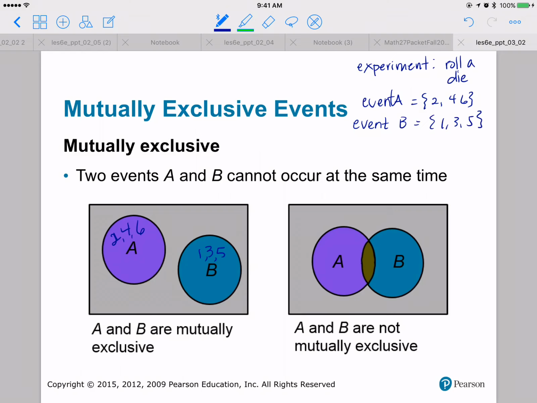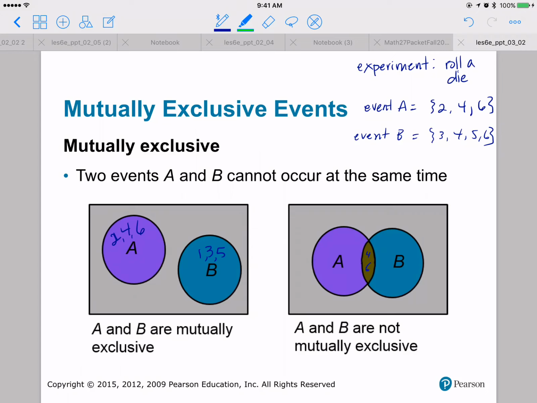Now, if we were to instead have a different setup for A and B. Suppose event A equals roll an even number, so 2, 4, 6, and event B is to roll a number that is at least 3, so that means 3, 4, 5, or 6. Then events A and B are not mutually exclusive because in the overlap you've got 4 and 6.